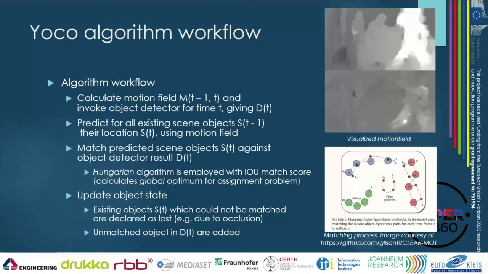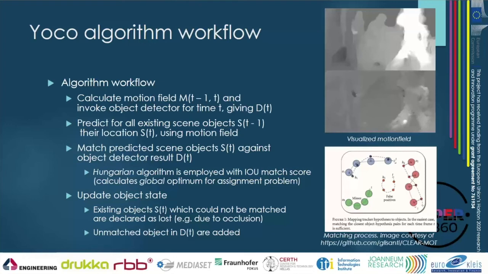Yeah, so a bit more on the technical side regarding the workflow. When you have 2 consecutive images or frames of the video, you're first calculating the motion field between the current and the next image. Then you are invoking also the object detector for the next image, and you get the list of detections.